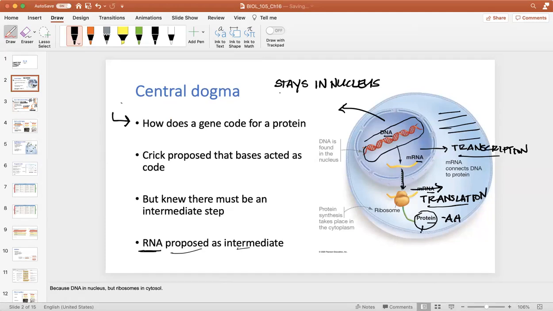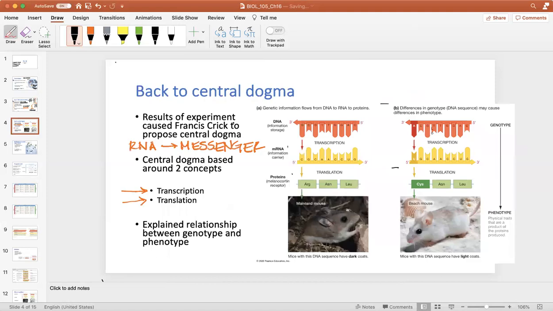Now, the interesting thing is that proteins are ultimately what does the cellular work. And Francis Crick was able to understand that and say, you know, it's the cellular work, things like enzymes and structural proteins. It's the cellular work that results in the traits that we're able to observe. So let's go back to this slide here.